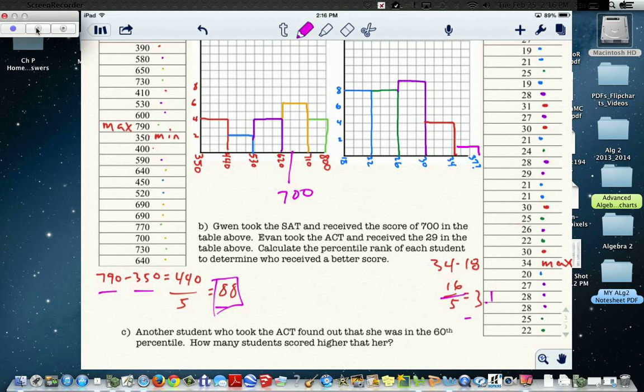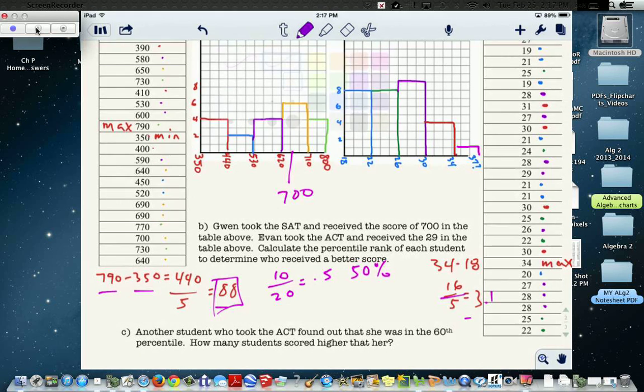And in this case, just looking at the histogram, with reasonable effort here, there are 8, 9, 10 students below the 700. There might be, give or take a little bit, but 10 divided by 20 would be 0.5 or a 50 percentile.